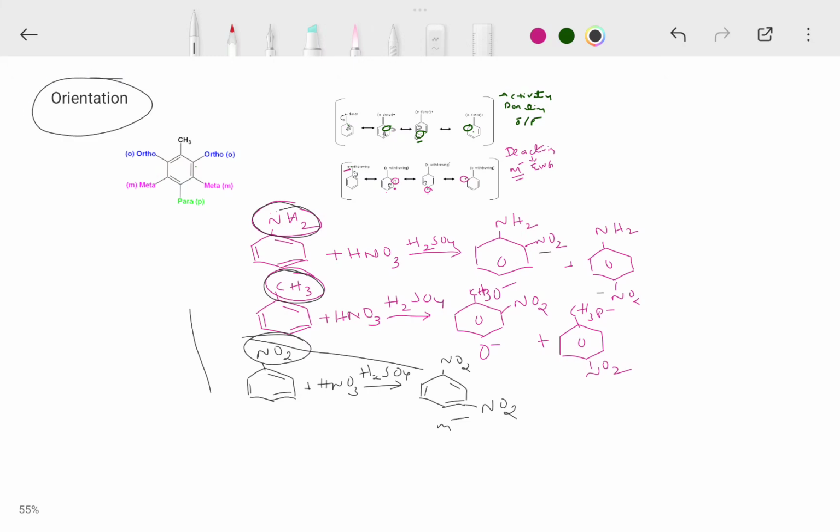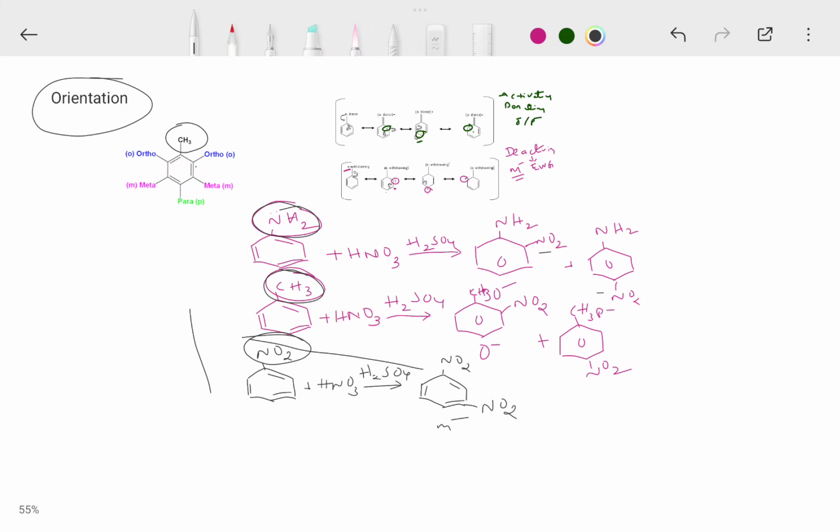Orientation means, if the benzene ring already has one substituent, the position of the second substituent is decided by it.